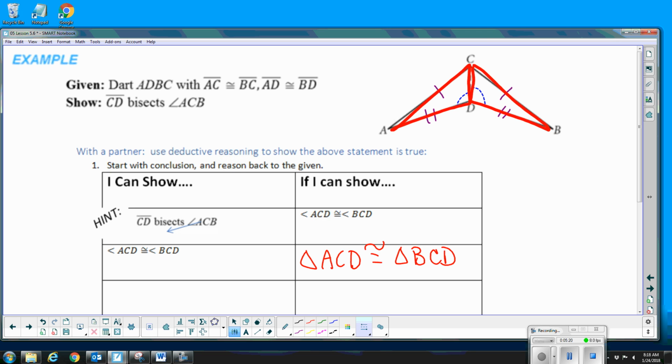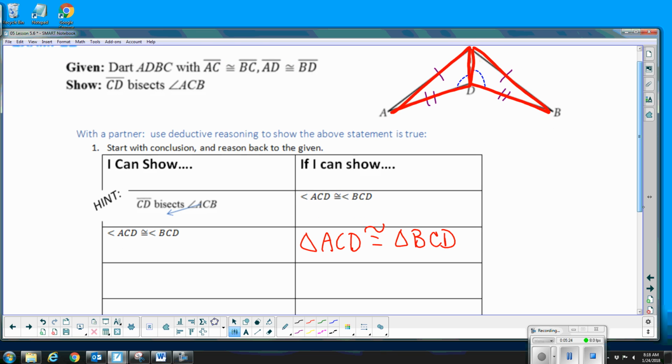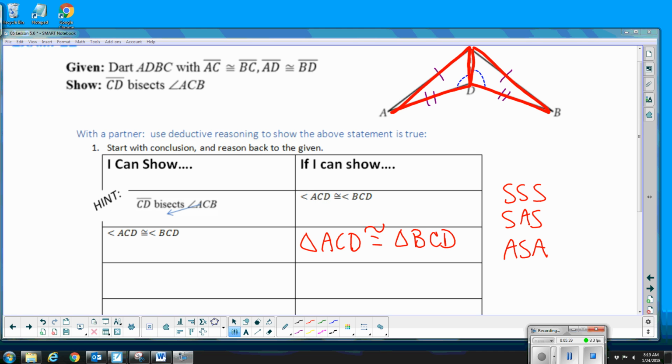Alright, now, how do I show those triangles are congruent? Well, I need to show one of the shortcuts. So I need either side, side, side. I need side, angle, side. Angle, side, angle. Or angle, angle, side.